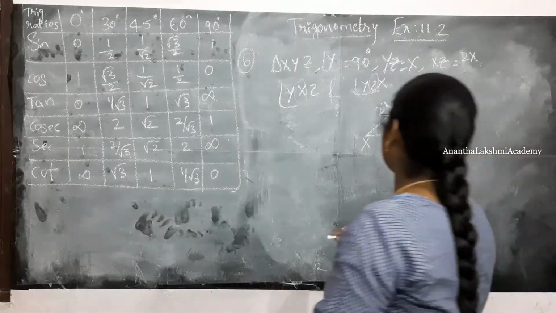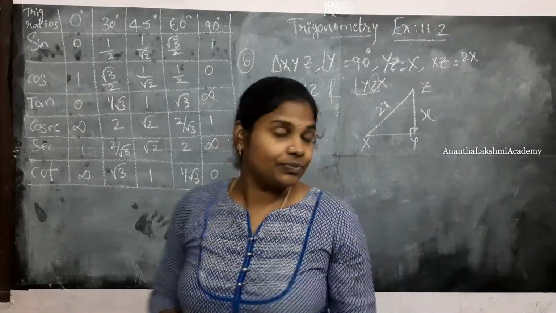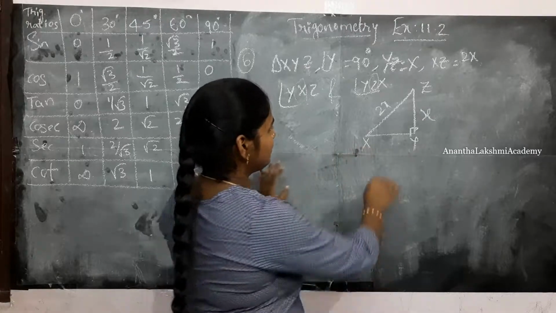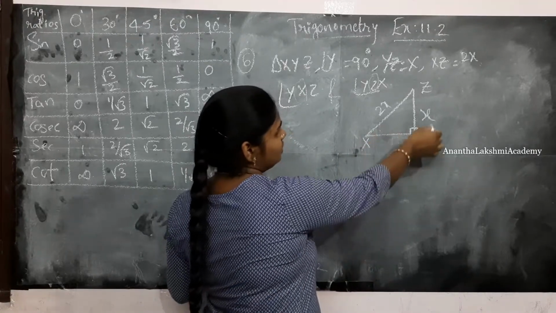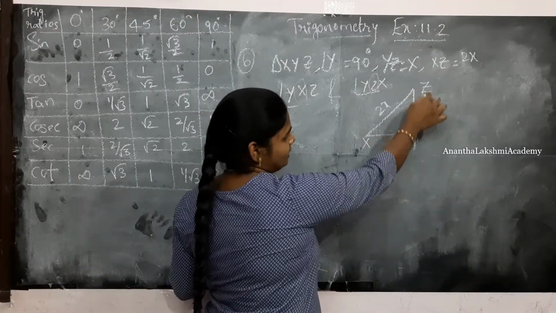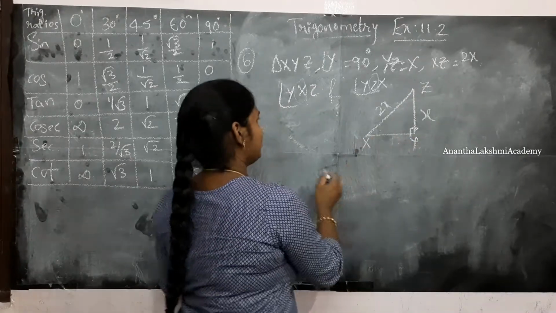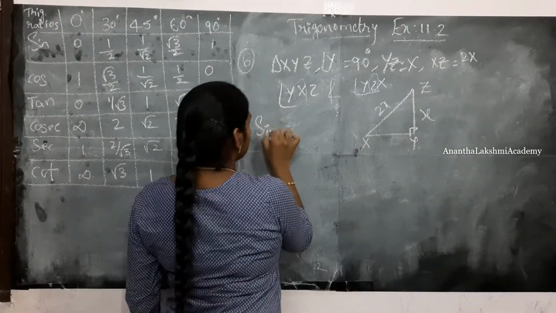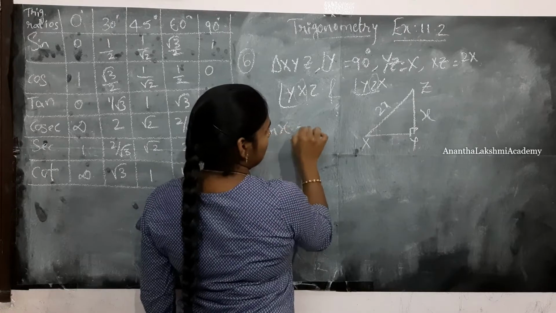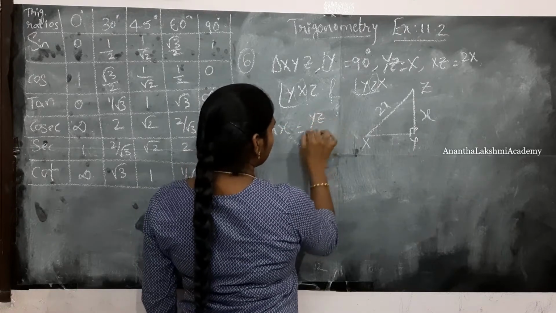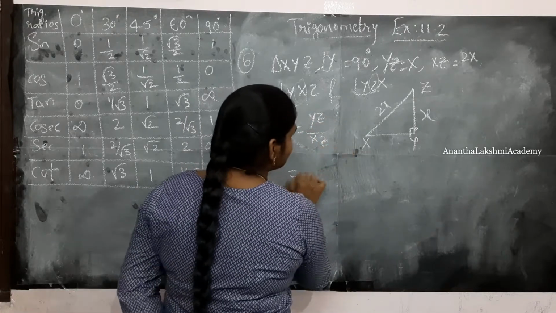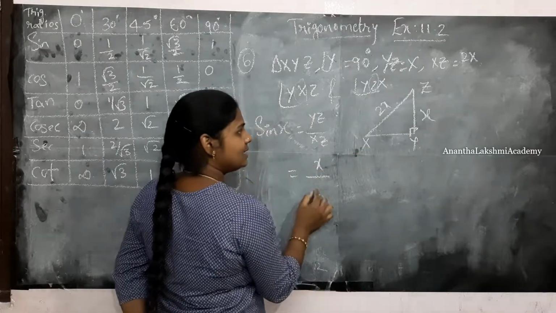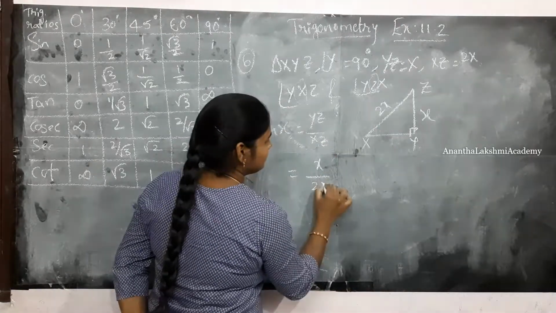In order to find X, sine X is equal to opposite side YZ by XZ. What is YZ? X. XZ is 2X.